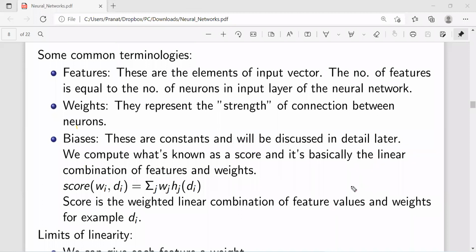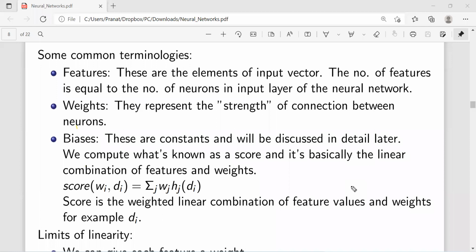So we have modeled this data by a vector with two elements. We take each element, we'll call them H1 and H2, and multiply them by some weights, which are initialized and are also numeric values. We'll multiply them by W1, W2. So the score will be H1 W1 plus H2 W2. That's all we are doing.